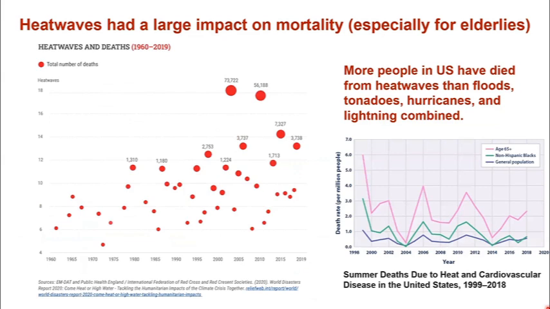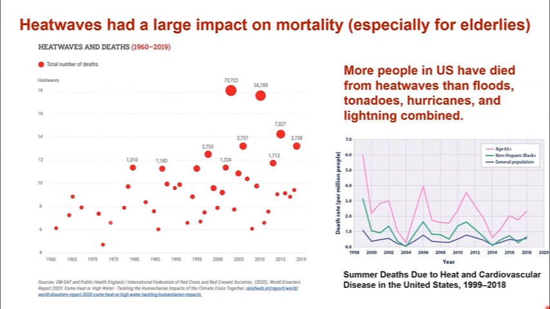If you look at the disaster record in the international disaster database, like the EM-DAT data set, you'll find that heat waves have a large impact on mortality, especially for elderly people. Even in the US, more people have died from heat waves than from flooding, tornado, hurricane, and lightning combined.